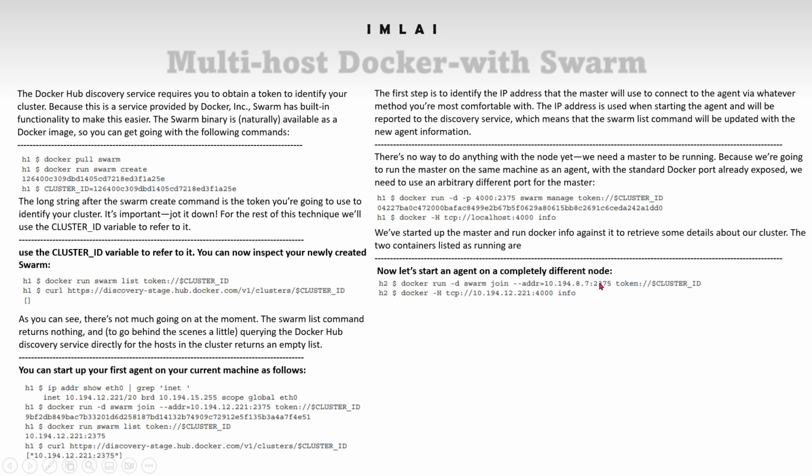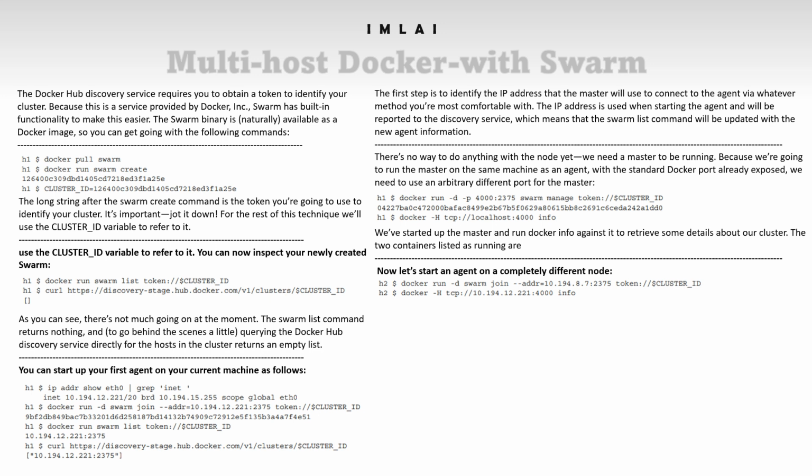That's the exposed port. The agent is being exposed to the external world using this port. Then, as usual, you give the token of the cluster. So this node will also be attached to that cluster. Another node has been added to our cluster. Note that we are taking advantage of the ability to access the master from another machine here.